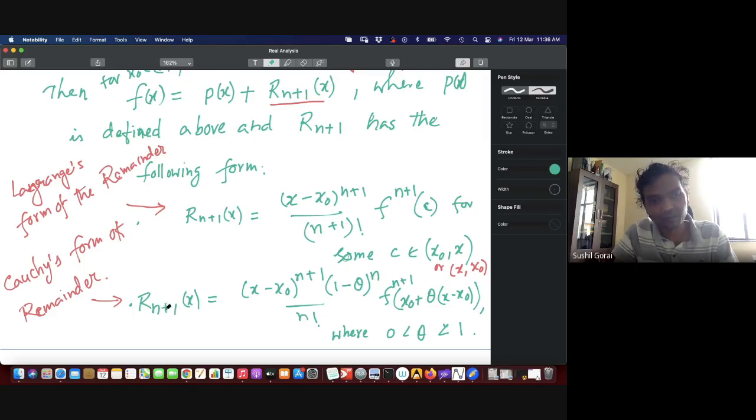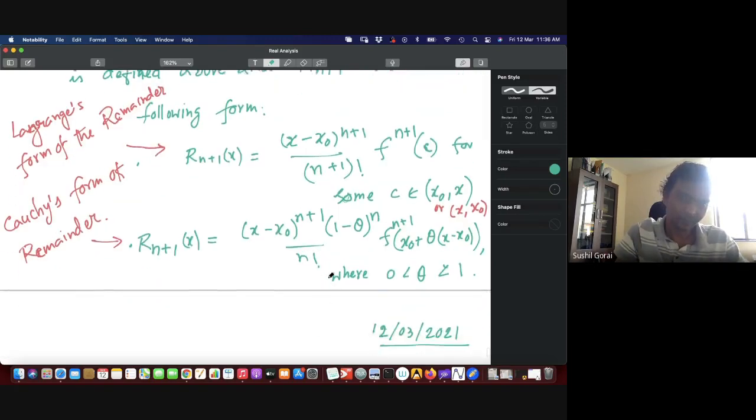So R_{n+1}(x) is (x minus x naught) to the power n+1 by n factorial, times (1 minus theta) to the power n, times f^(n+1)(x naught plus theta times (x minus x naught)). This point also lies in the line joining x naught and x, so theta belongs to (0,1).